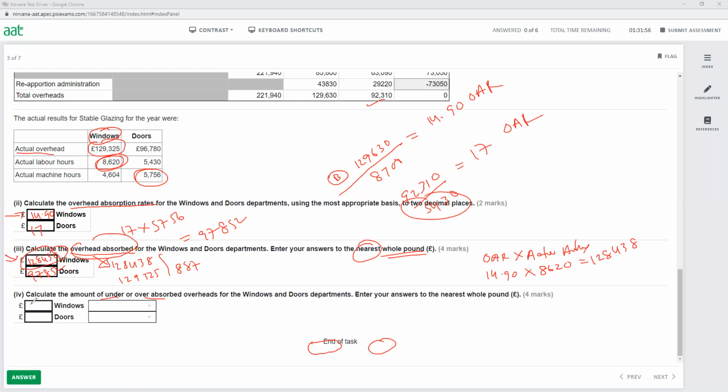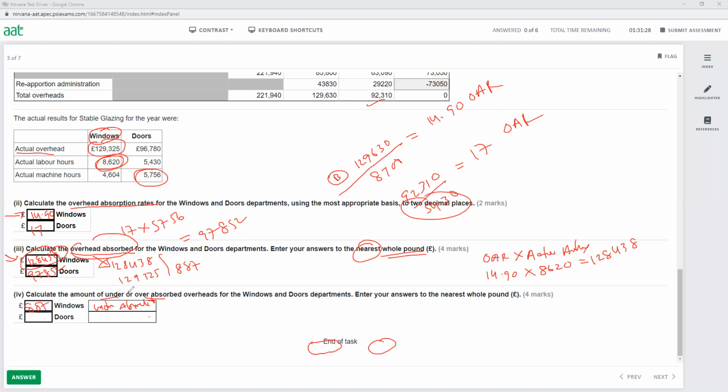So 887 under absorbed. Do not look at it from the other point of view like, oh, actual is more, that means it is over absorbed. No, it is under. You always ask yourself, did I absorb more or did I absorb less? So you have to get your answer by asking yourself. So it is under absorbed.